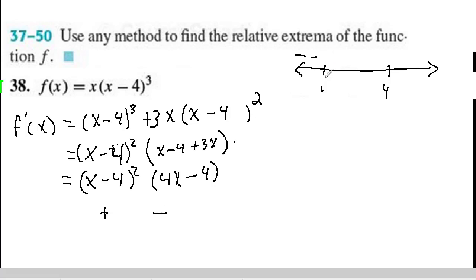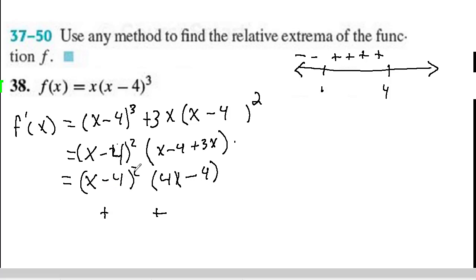Now, once you get past 1, like 2, 4 times 2 is 8. 8 minus 4 is 4. This expression will change. It's a line. It crosses the x-axis there, and so now you will get a positive. But once you get past 4, inside the base changes from being a negative number to being a positive number.